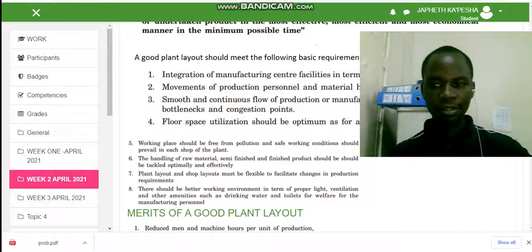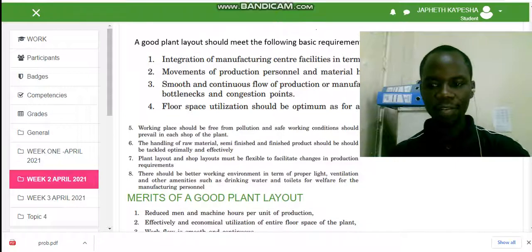So students, why is it very important to have a plant layout? This question we can only answer by looking into the merits or the advantages of a good plant layout. The first advantage is that there is reduced machine working hours per unit of production.